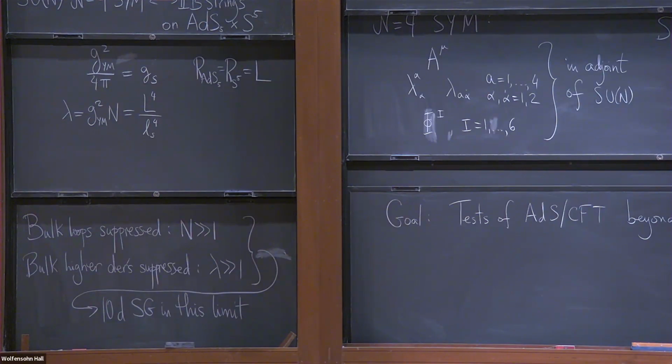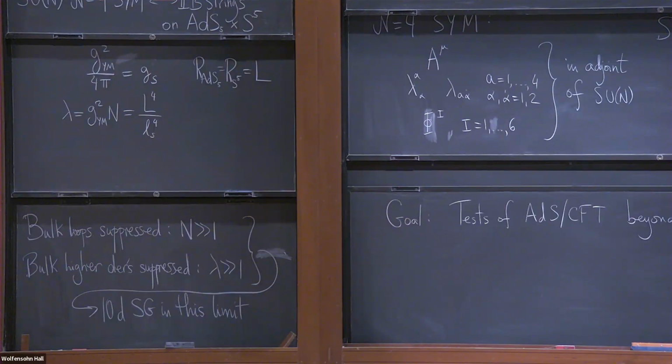The correspondence is g_YM squared over 4 pi equals g_string, and lambda, the 't Hooft coupling, g_YM squared N, equals the radius of AdS to the 4th divided by the string length to the 4th.